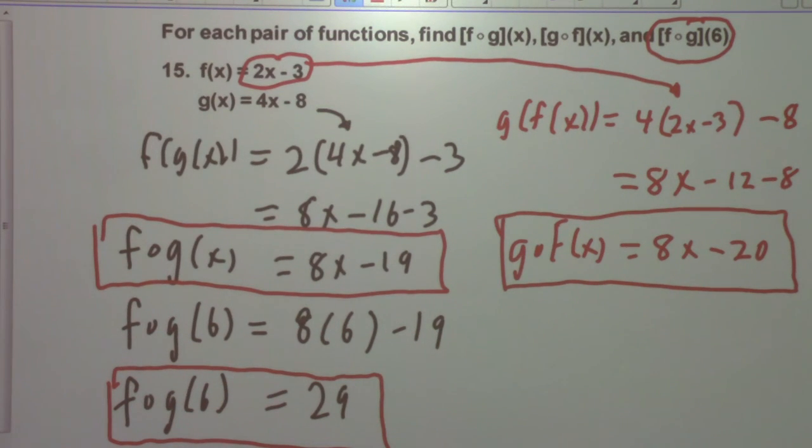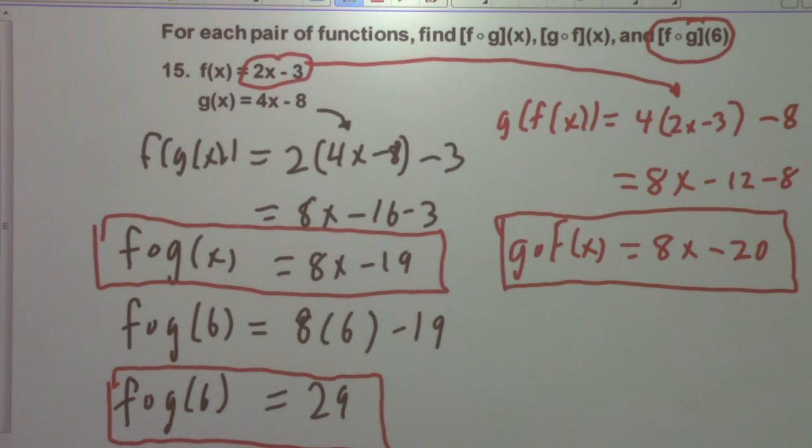Yes? I did it a different way, but I still got the same answer. Which one did you do differently? Number 15? How did you do it? I found f of g of x and then g of f of x, and then I plugged in, or I did g of 6, and I plugged in 6 to the g of x.